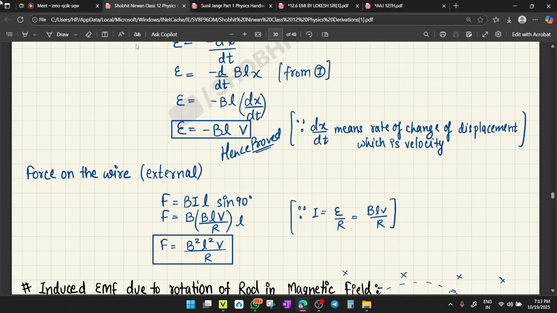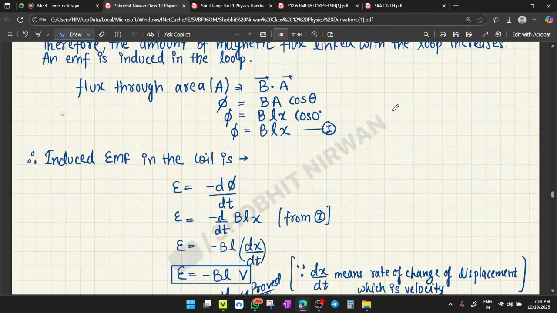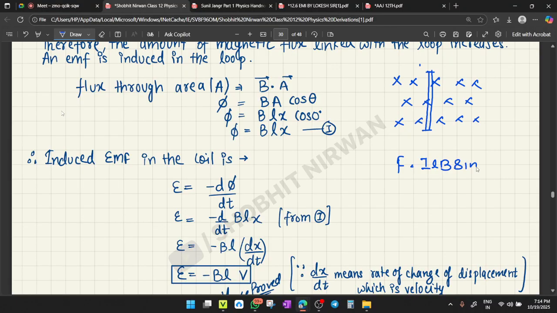Now, if you want to calculate the force on the wire, which wire? We are talking about this wire. Why is a force working? Because we know that whenever a current carrying conductor is placed in a uniform magnetic field, a force is exerted by the magnetic field on this conductor, and this force is given by F equals ILB sin theta.